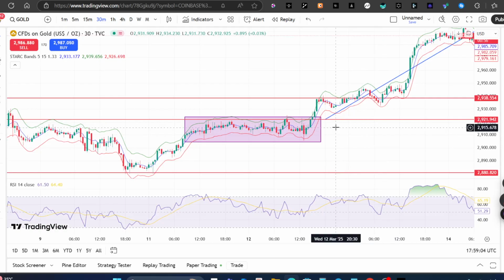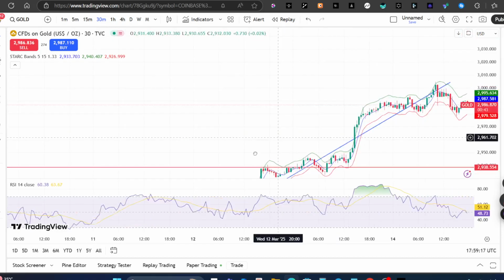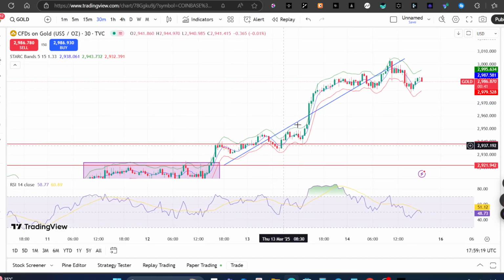If the price approaches a resistance level near the upper Starc band, it could be a key level to watch for a potential reversal. Or if it breaks through that resistance, like what happened here, then you might see the price continue trending in that direction.